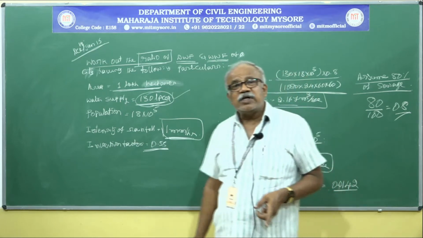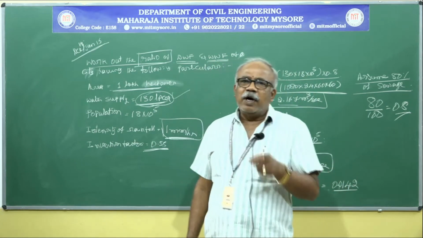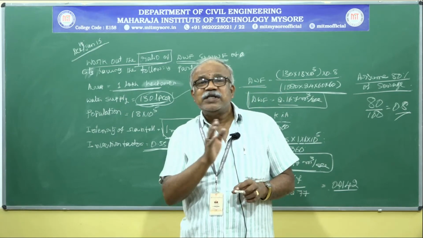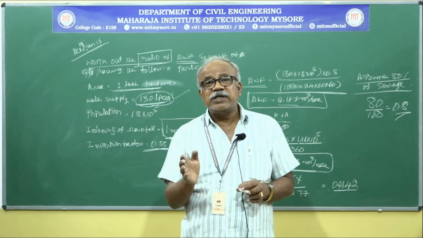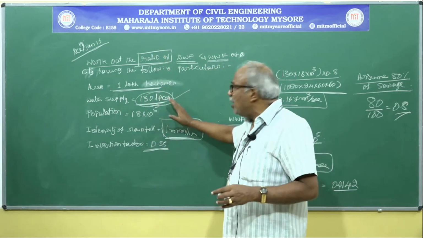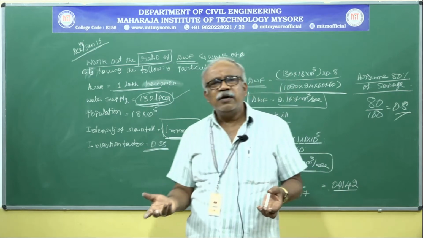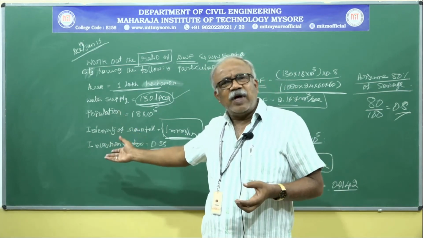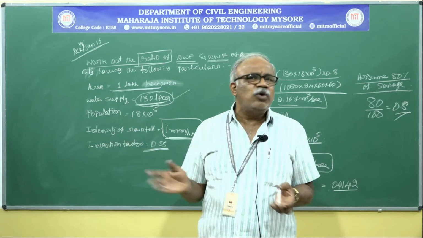But according to the standards, for a person, compulsorily 135 LPCD is needed. But whatever it may be, in this problem it is very clearly mentioned, that is 130. Whatever values are mentioned, based on those values we have to calculate. That is our duty.